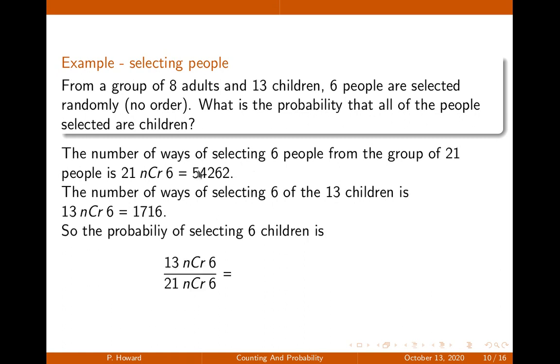That would be 13 NCR6 divided by 21 NCR6. We have calculated both of those numbers. If you write the fraction in reduced form, you get 66 over 2,087. It's not really necessary to do this. And if you write this as a decimal, 0.031624.